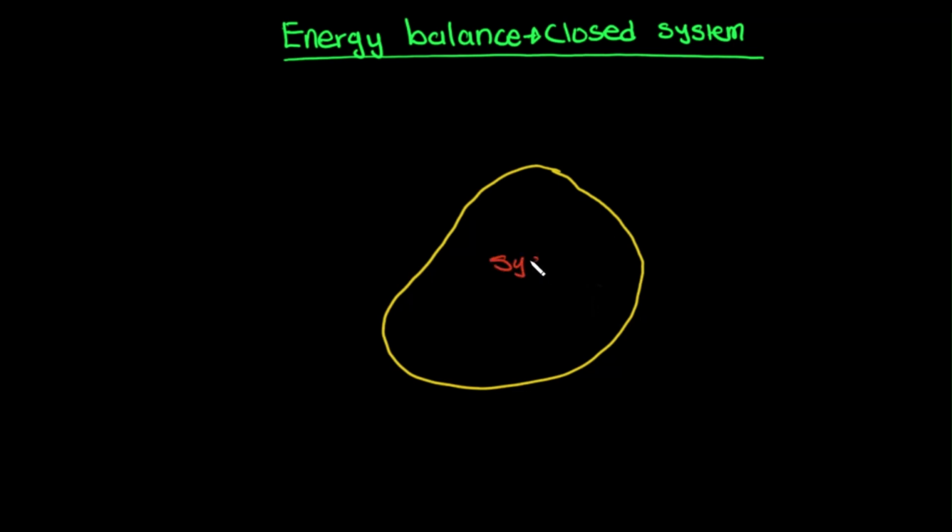SYS, short for system. And it's a closed system, CS, meaning closed system. Let's just recap. What do we know about a closed system? A closed system is also known as a control mass.